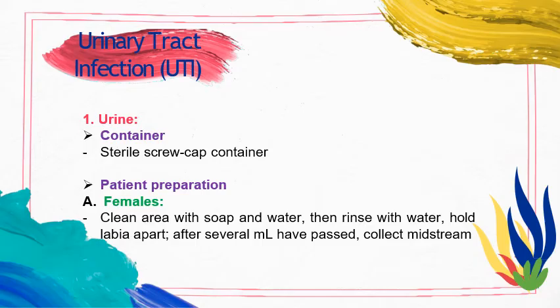Now, for UTI or urinary tract infections, for the urine, you are going to use a sterile screw cap container. For females, clean the area with soap and water, then rinse with water and hold the labia apart. After several ml has passed, collect midstream.